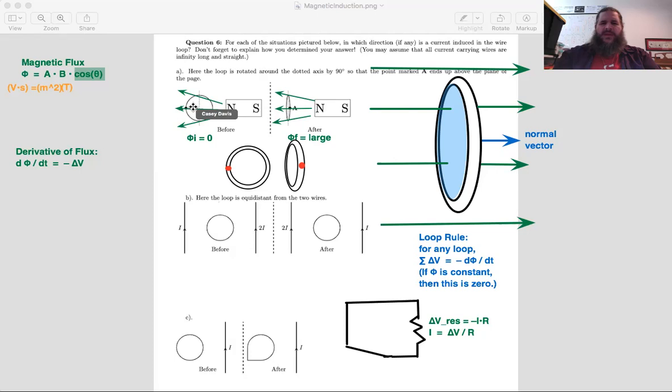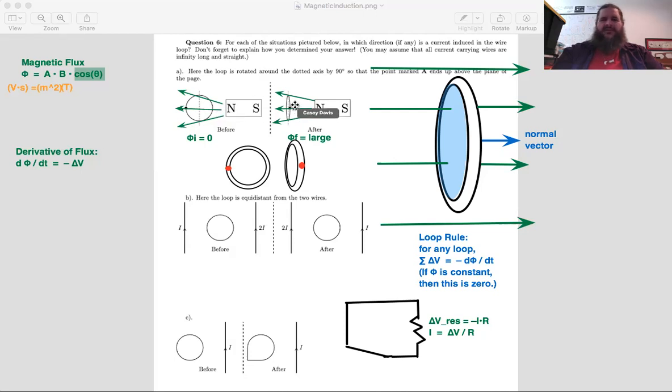And as usual, we have two options for normal vector because there's two directions perpendicular to the surface. In the before situation, what would be the two options for normal vector? You could have it into the page or out of the page. And both of those are equally perpendicular to the magnetic field, so there's not really a preference for either one.